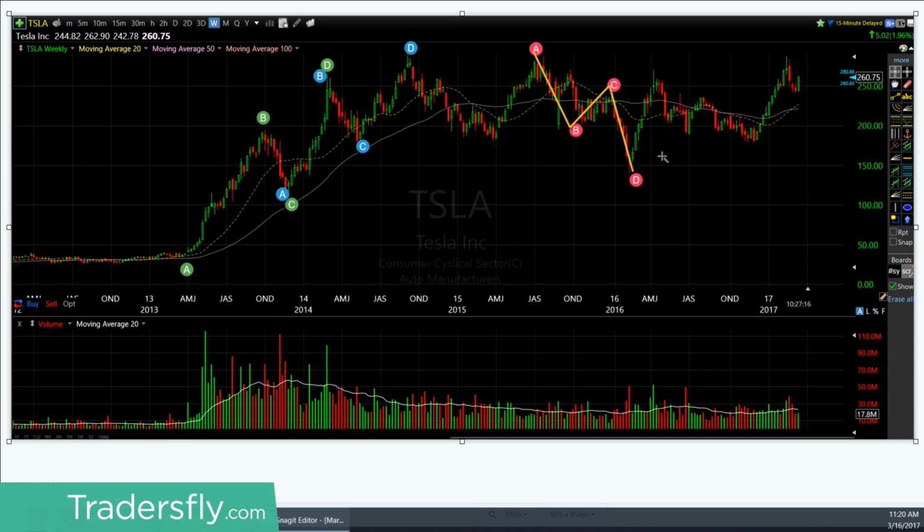And once you learn what you're looking for, you can, of course, look for subtle little ABCD patterns, like there is one, let's just say over here at the end of 2014, 2015 level. So here's another one that you could say, okay, it's kind of an ABCD pattern, but it's not as clean.